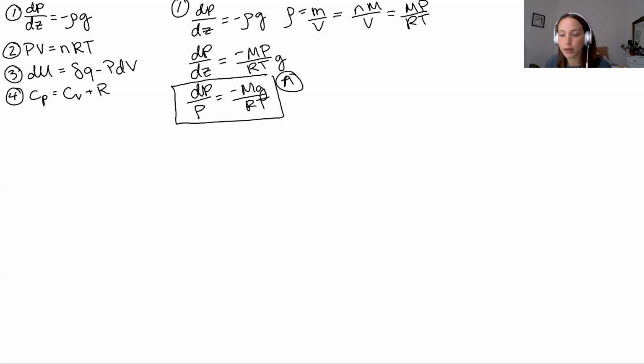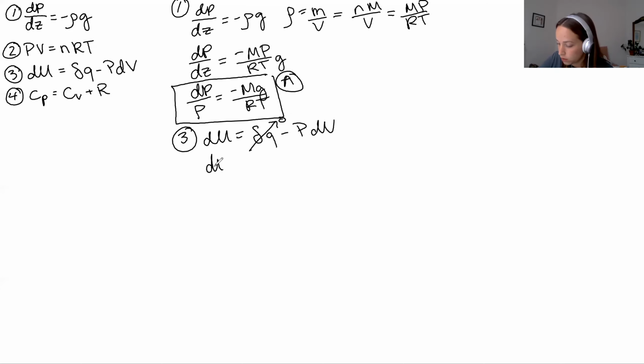Okay, so now that we have equation A, I'm going to bring out our third equation listed, which is the change in energy is equal to the small change in heat minus pressure times change in volume. And once again, this is 0 because we're dealing with an adiabatic system. So from here, we can rearrange the ideal gas law once again to sub in for pressure.